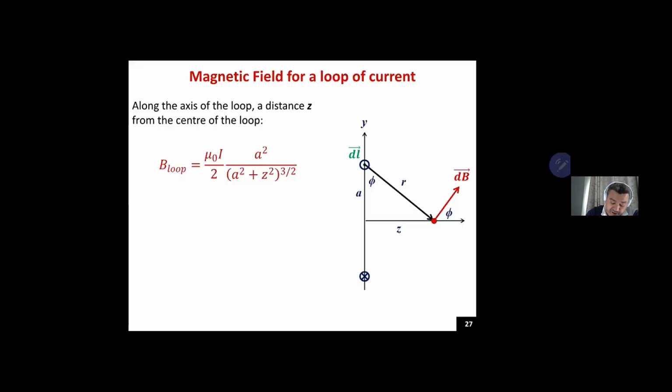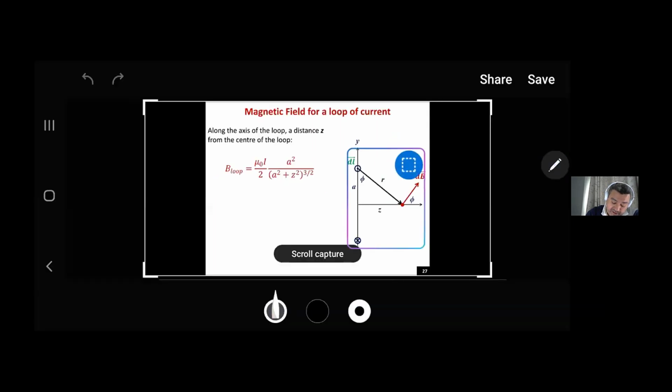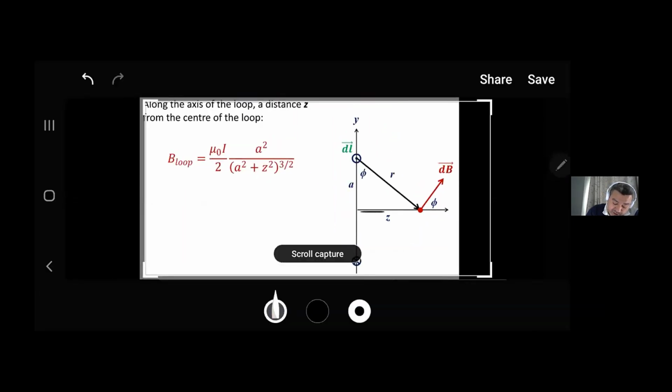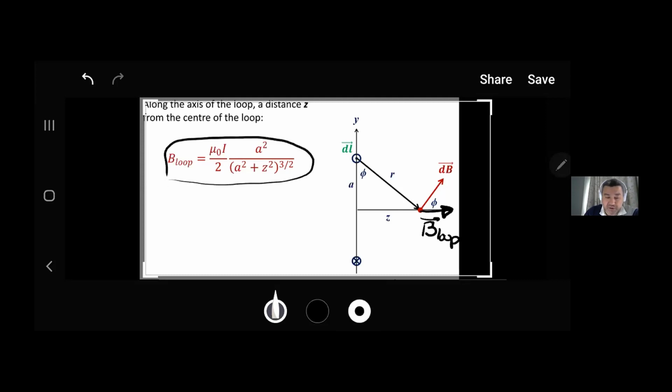Now, what happens when I want to calculate the magnetic field? The magnetic field will be pointing in this direction. So this is the B loop, and the B loop is given to me by this equation. Now, if I want to calculate the magnetic field right at this point, it will also be in this direction.